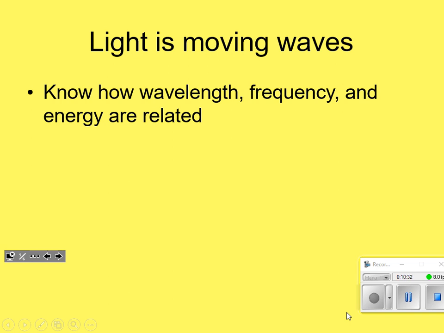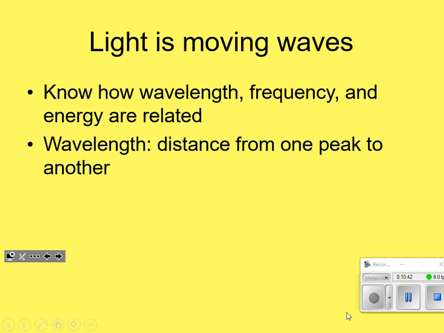Three terms, or three things dealing with light that we have to become familiar with over the next day and a half are wavelength, frequency, and energy. I'll show you that in a bit back to our board diagram. If I were to define wavelength, if you think of waves, it's the distance of one peak to another. How long a wave is, hence wavelength.